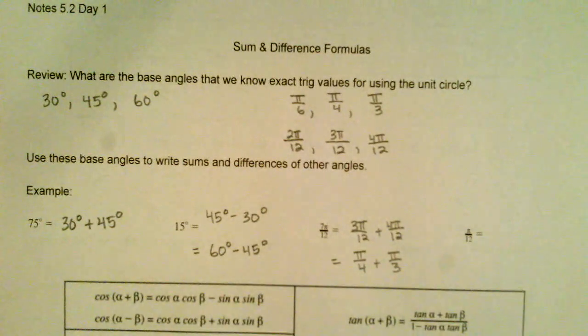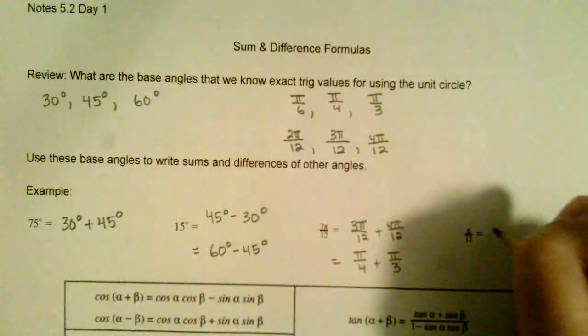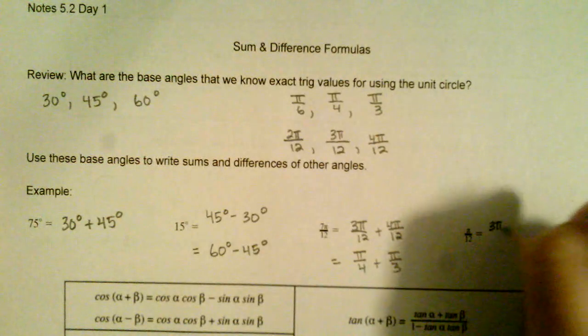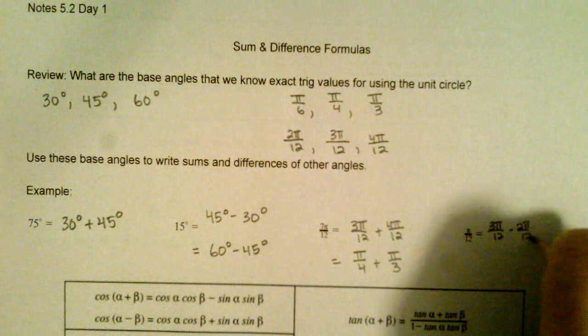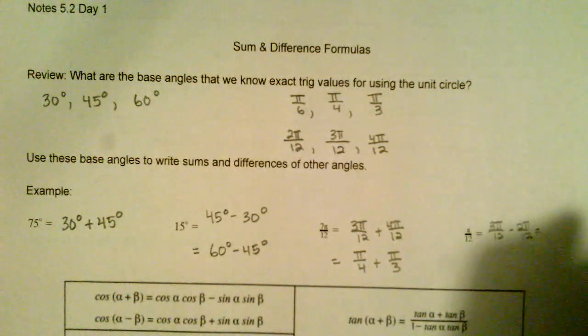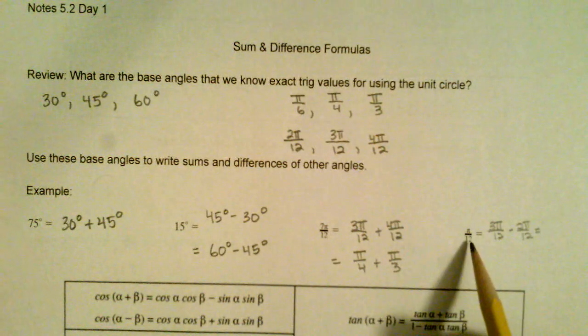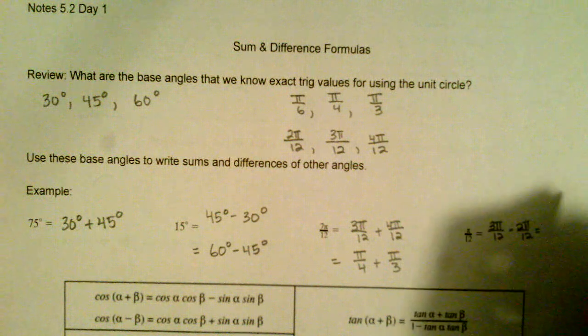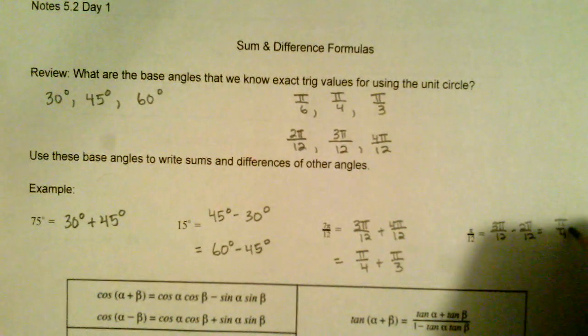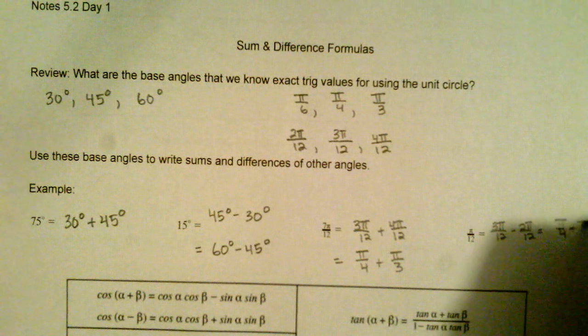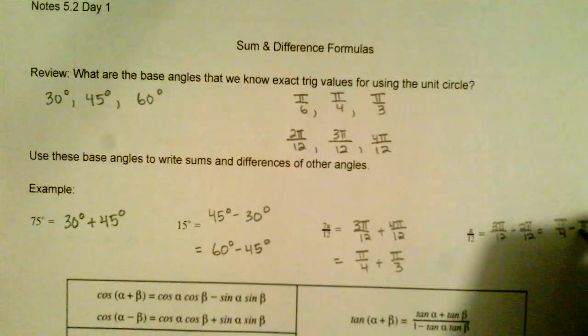For our difference, we actually have two options. We could do 3 pi over 12 minus 2 pi over 12, which is going to give us 1 pi over 12 or pi over 12. So I can see that that was my pi over 4 minus pi over 6.